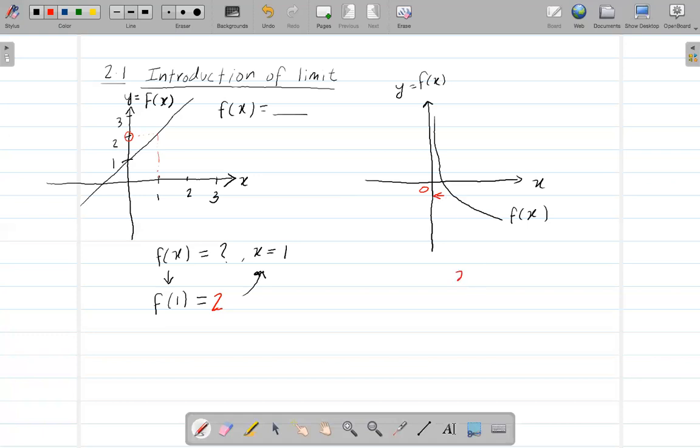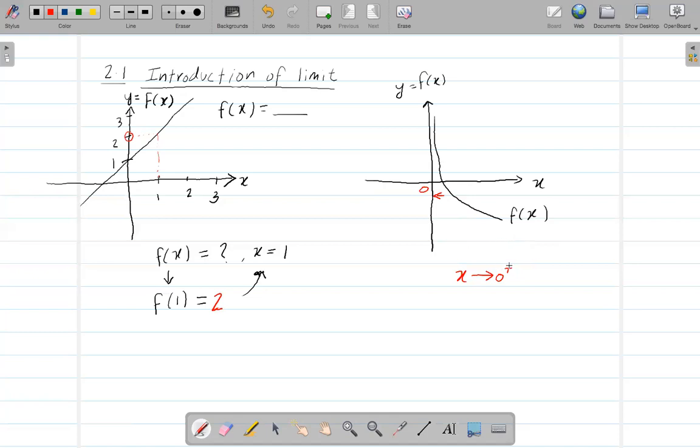If you are denoting something approaching from the right, then we say plus. If something is approaching from the left, it's minus on the top.